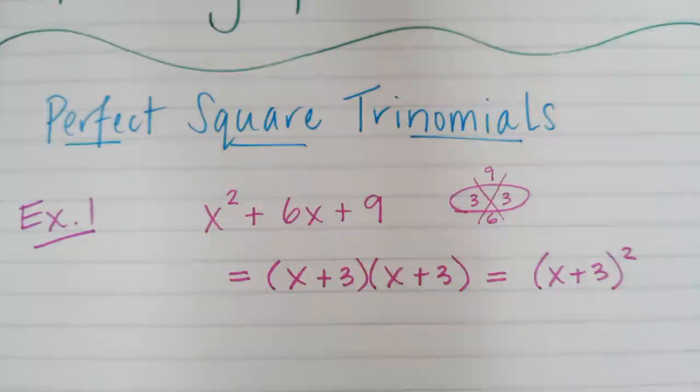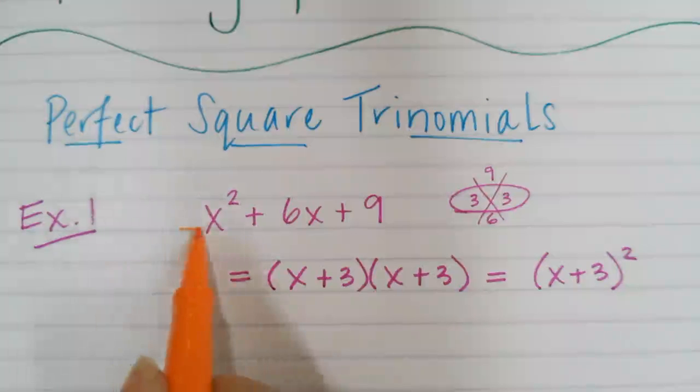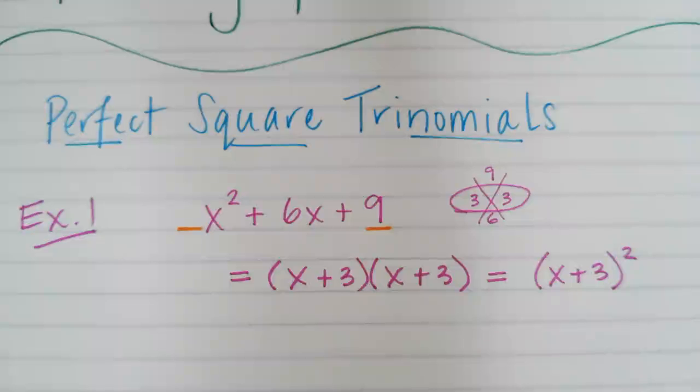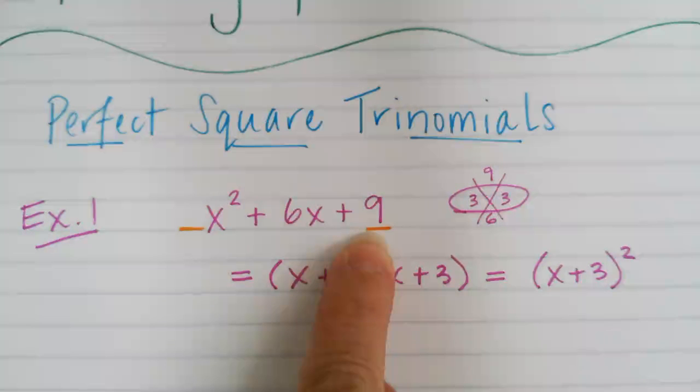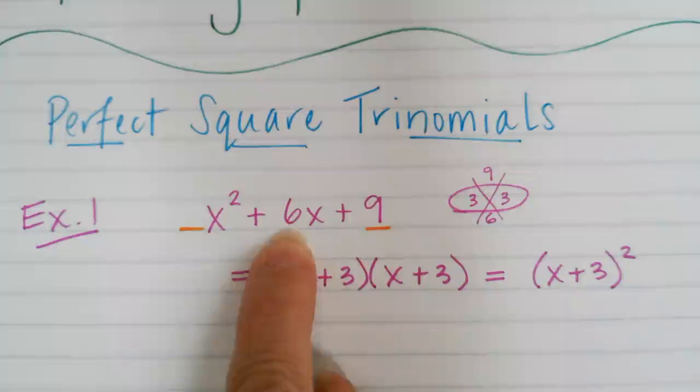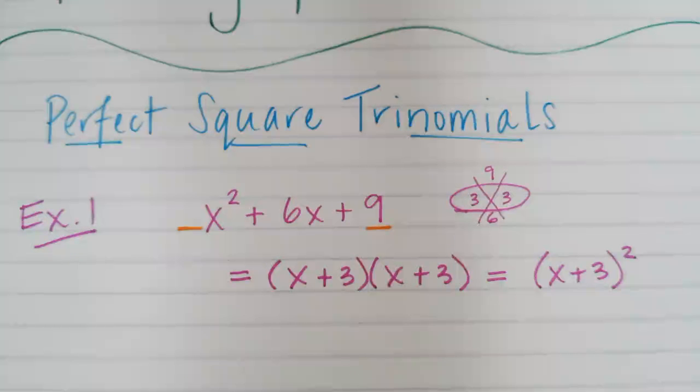Now, the reason why this works out is because our leading coefficient right here and this right here are perfect squares. In addition, the number that is squared is half of the middle. That just happens naturally.